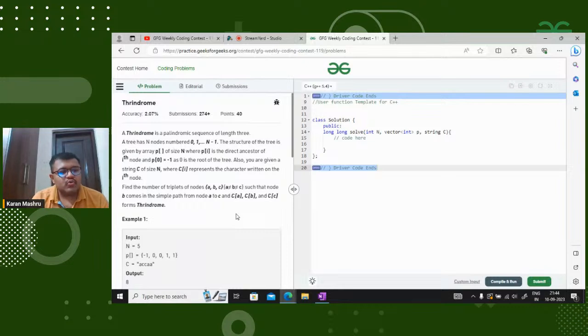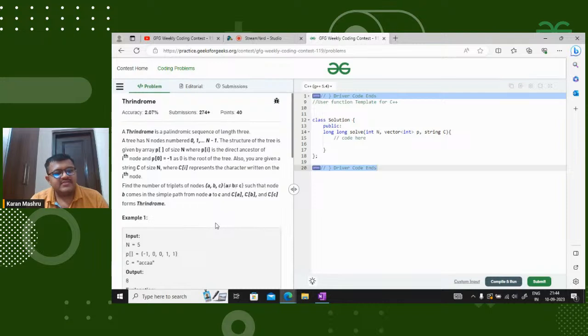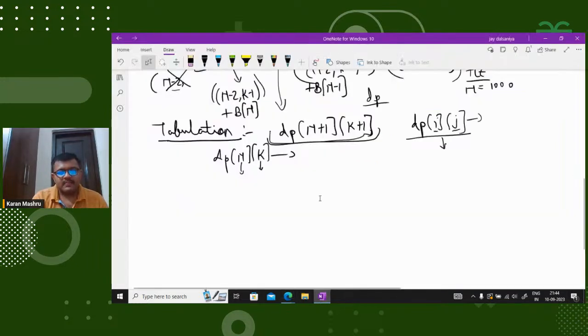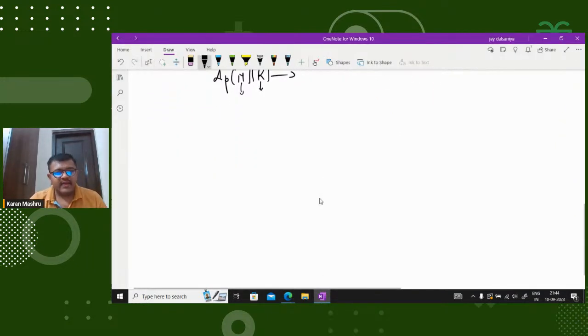A tree has total nodes 0 to n minus 1. The structure of the tree is given by array P of size n, where P of i is the direct ancestor of the ith node and P of 0 equals minus 1, as 0 is the root of the tree. So how are we given the data of the tree? Using an array P, right? So we have a tree which contains n nodes numbered from 0 to n minus 1.